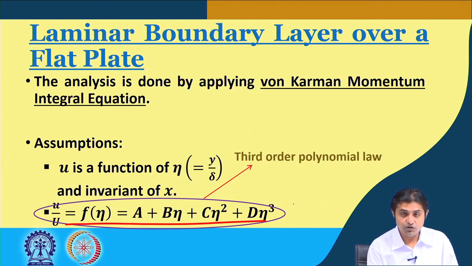If you apply the second boundary condition, del square u by del y square, you differentiate this f of eta twice, so this will become 0, this will become 0 on twice differentiation, this will give us 2c plus 6d eta is equal to 0. So when eta is equal to 0, this means c is equal to 0.